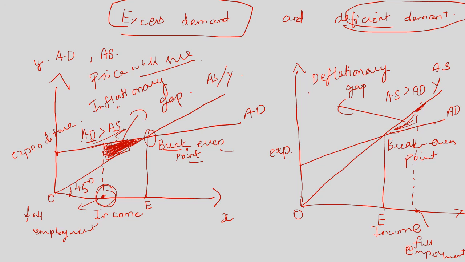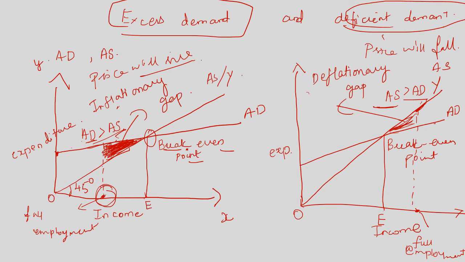Where aggregate supply exceeds aggregate demand at the full employment level, that is deficient demand. This gap is called the deflationary gap. Here the price will fall. You should understand the difference between inflationary gap and deflationary gap, excess demand and deficient demand. You should draw the diagram and explain in the form of a diagram. It will be easy for you.